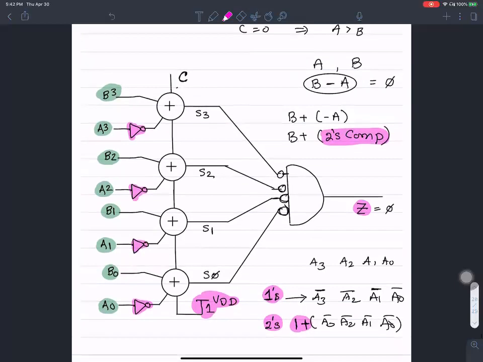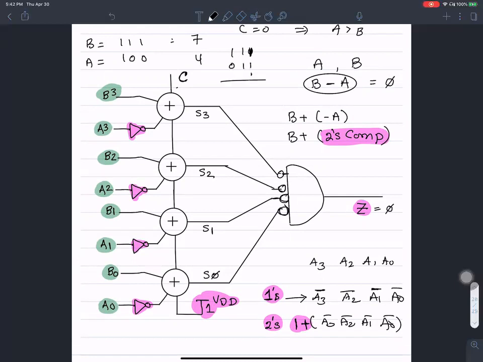Okay, so take an example here. Let B equal 111 and A equal 100. So you're trying to subtract 4 from 7. If you follow this, you'll end up with 111, which is 7, and the 1's complement of 100 is 011.